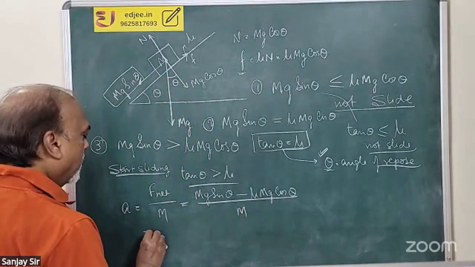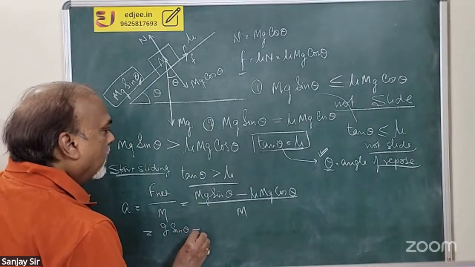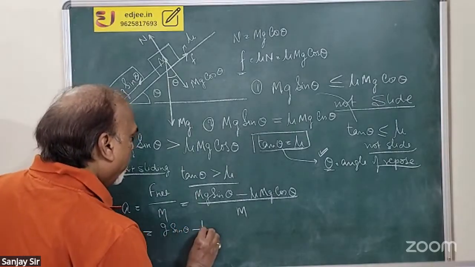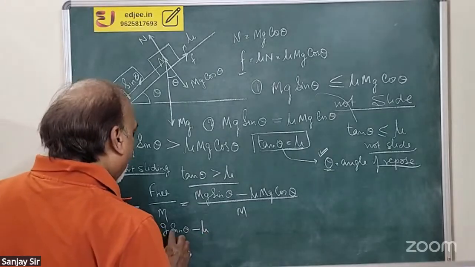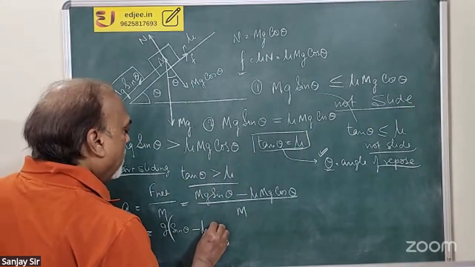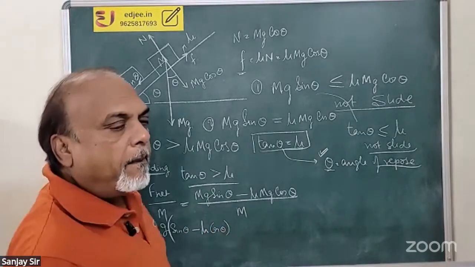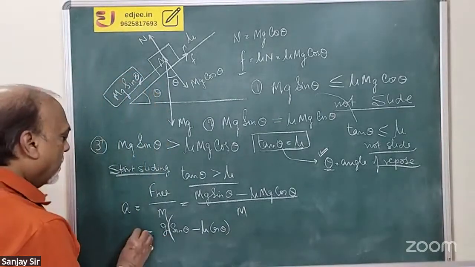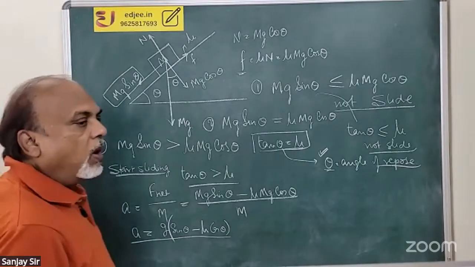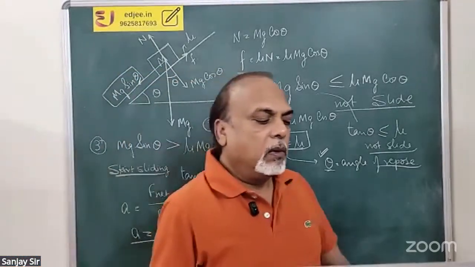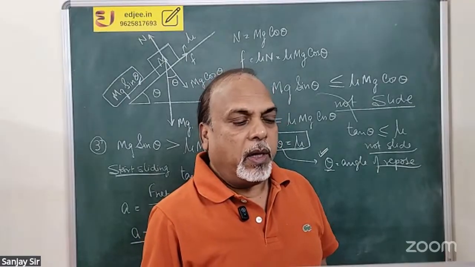So a is nothing but g sine theta minus mu cos theta, where g you can take common. This is the acceleration with which the block will move downwards.